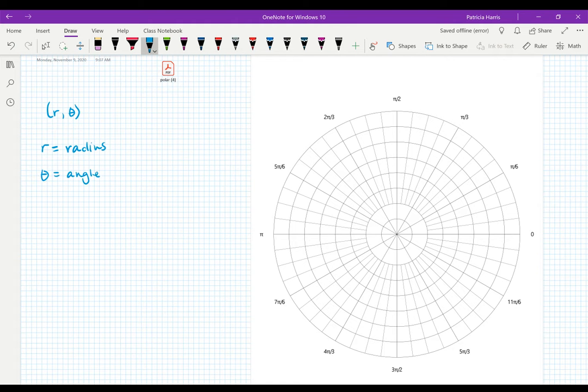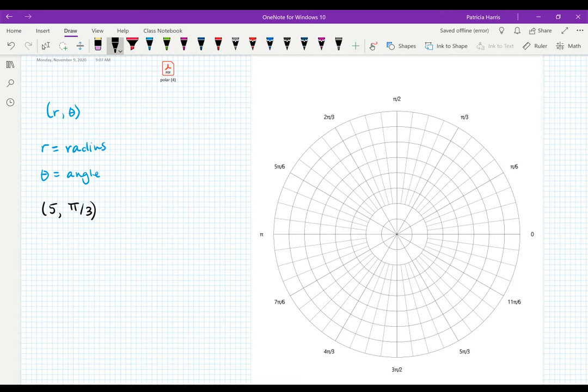Now, our simplest case would be everybody's positive. So positive R, positive angle. Let's graph a very basic point. Let's graph the point 5, pi over 3. First of all, we're going to find the radius 5.